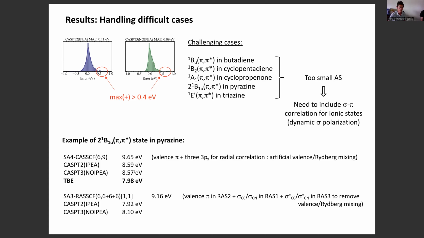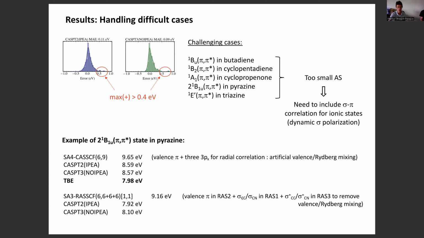And that was obtained using a valence pi active space and adding some 3p orbitals for radial correlation and to describe the Rydberg state that is present as well. But in doing so, we have some artificial mixing between the valence and Rydberg states. So what we have to do is to include the sigma orbitals in the active space.